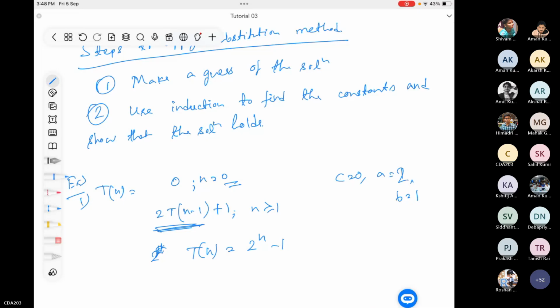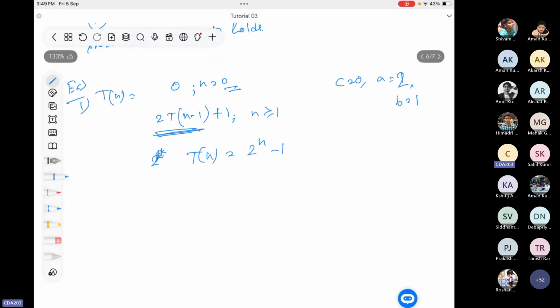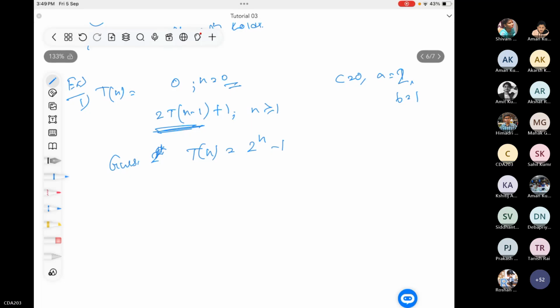If you want to transform this one into that form. So my guess is that the solution is 2 to the power n minus 1.